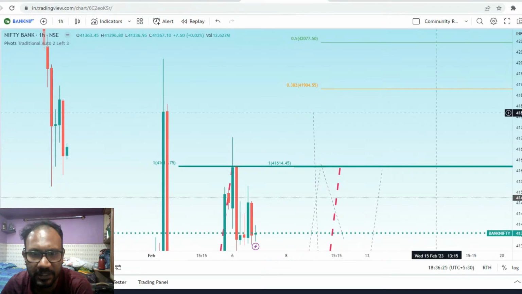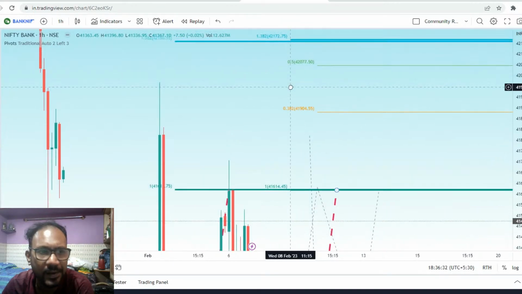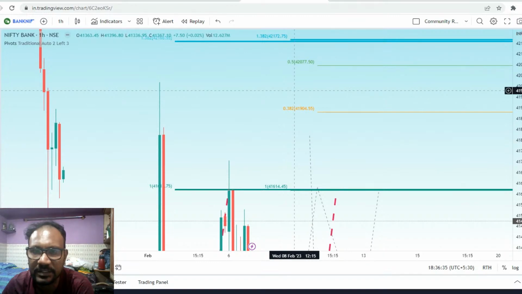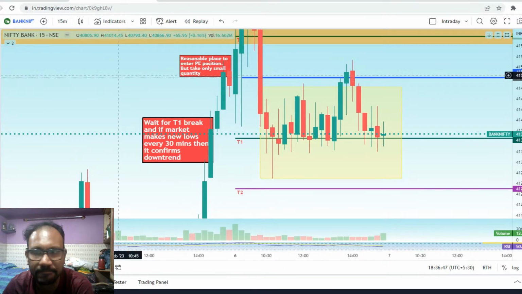Now we are going to draw further. 8:30 we drew. Then this is going to be a very strong reversal point. I would rather take this. This is 42,014. Yeah, I would take that.